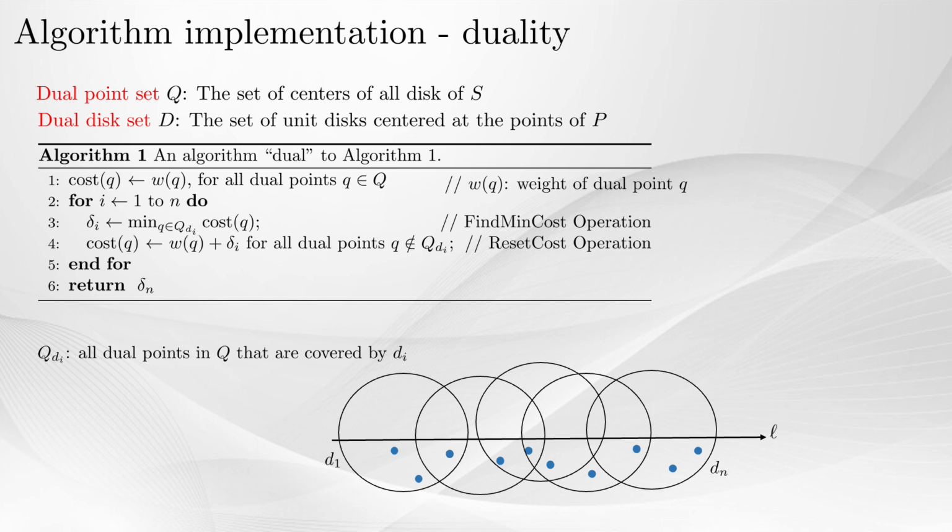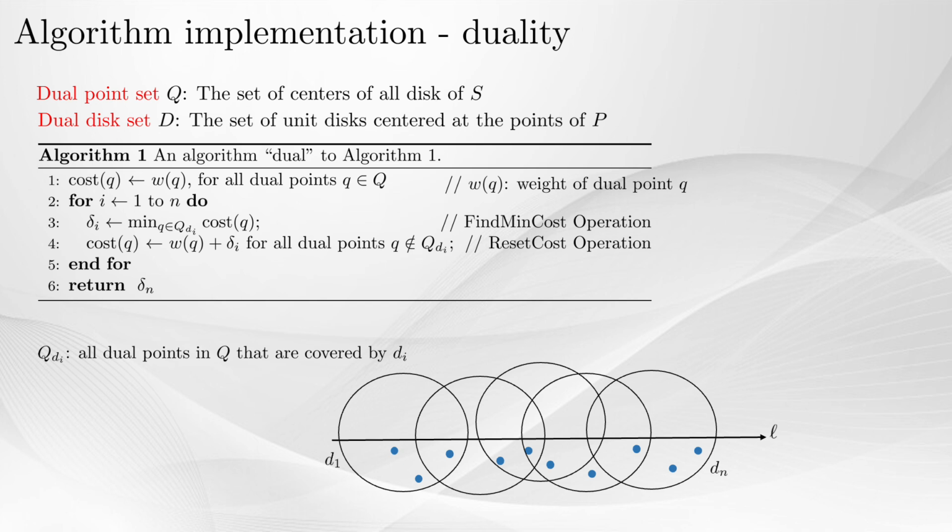Here we have a dual point set Q, which is a set of centers of all disks of S. And we have a dual disk set D, which is a set of unit disks centered at the points of P. Since all the disks in the original problem are unit disks, we can easily get the dual point set and the dual disk set. Then we transfer our original algorithm to a dual algorithm.